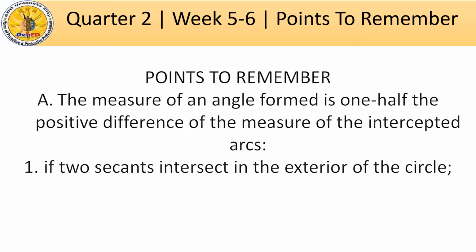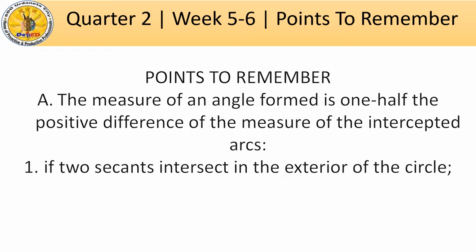Before we proceed, let us know first the theorems of secant, tangents, and segments of a circle. Theorem A: the measure of an angle formed is one-half the positive difference of the measure of the intercepted arcs.